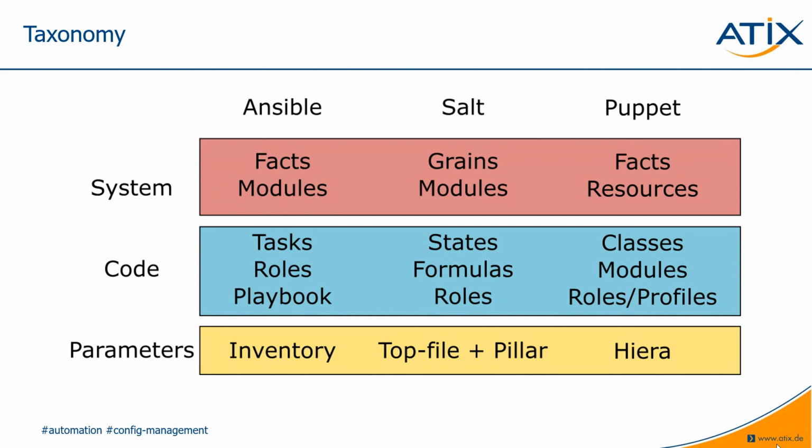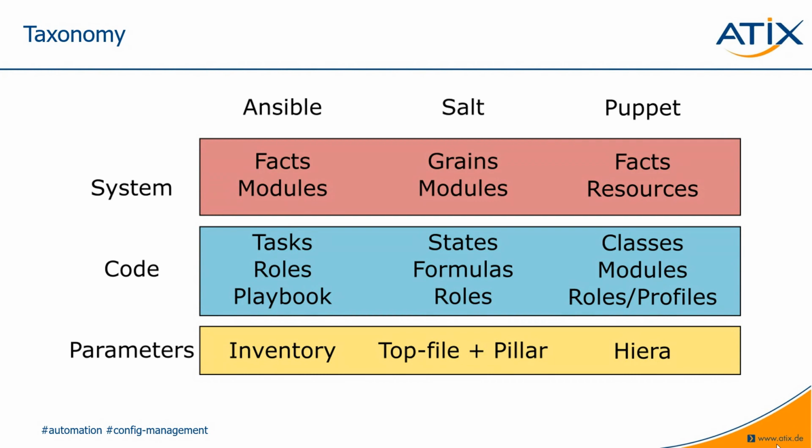Additionally to this top file, we have something which is called pillar, and pillar is the structure similar to Hiera from Puppet, which contains all those variables and parameters I want to insert there. And I can have different structures, like for all hosts which are web servers or of a certain operating system.